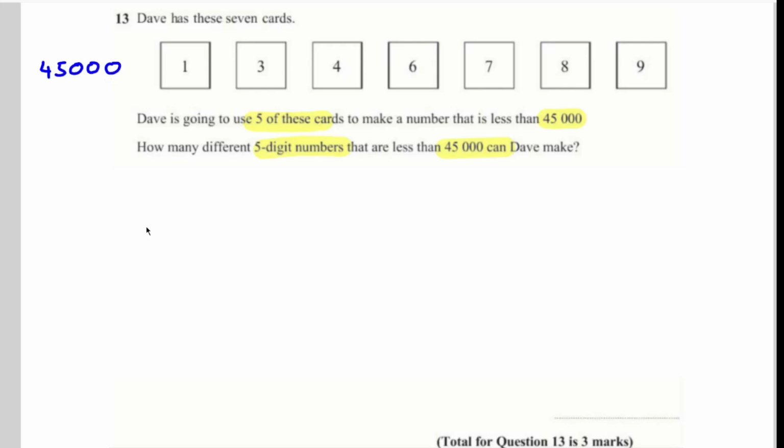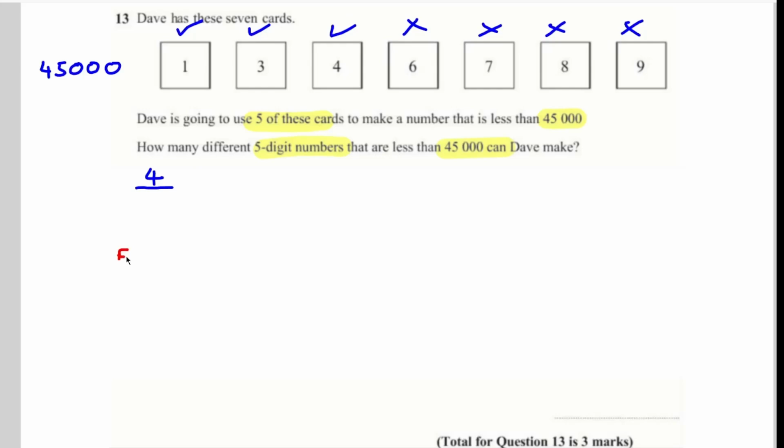If I write the number 45,000, then the maximum possible first digit that I can get is 4. Then I have to omit this one, this one, this one as my first number. These can be the first digit. So let's make a chart like this.